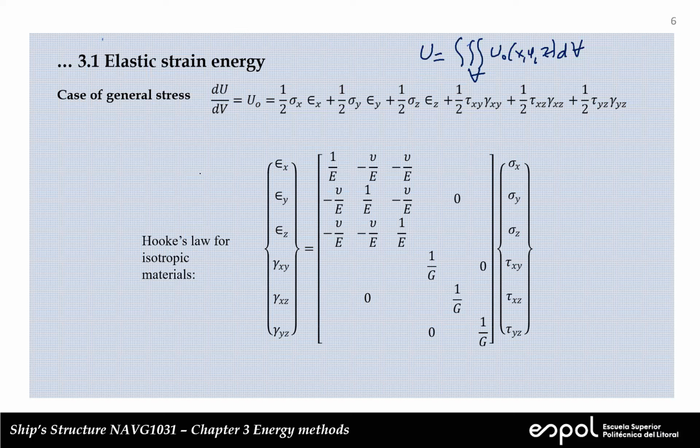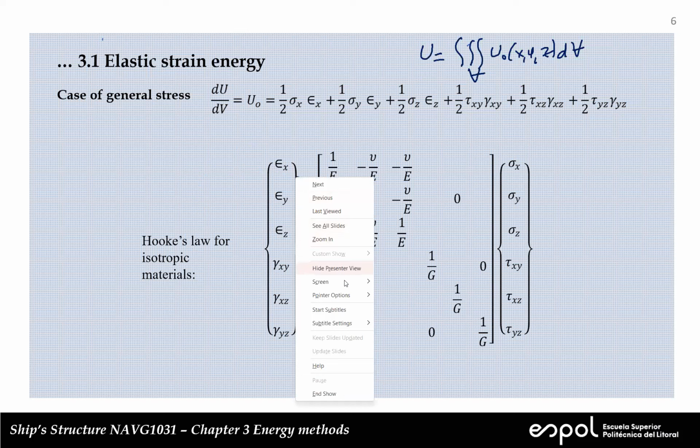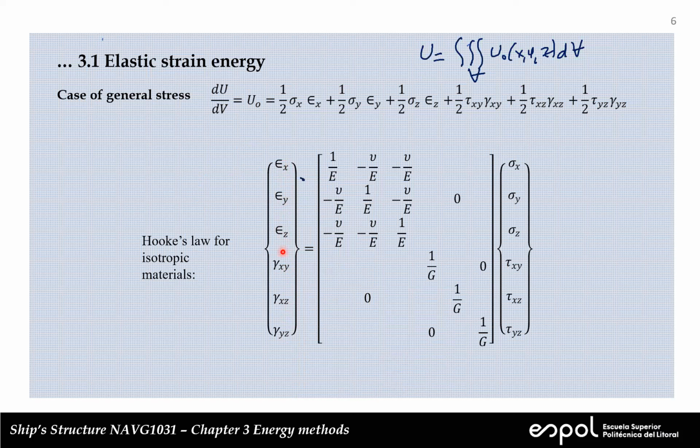On the left-hand side, it's a good idea that you try to remember this. It helps a lot. We have here the strains. All of these are constants, and here we have the stresses. So we have 3 normal stresses, and they are connected to the 3 normal strains through these constants. We have 0 here, so shear stresses do not cause any elongation of the element.